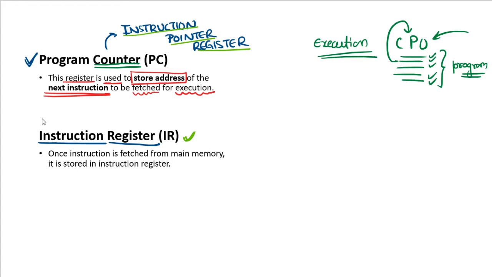So instruction register stores the instructions. As the name suggests, instruction register, the register that stores the instruction, right? Now what does it mean? So once the instruction is fetched from main memory, let me show you again by diagram. So this is, for example, main memory.